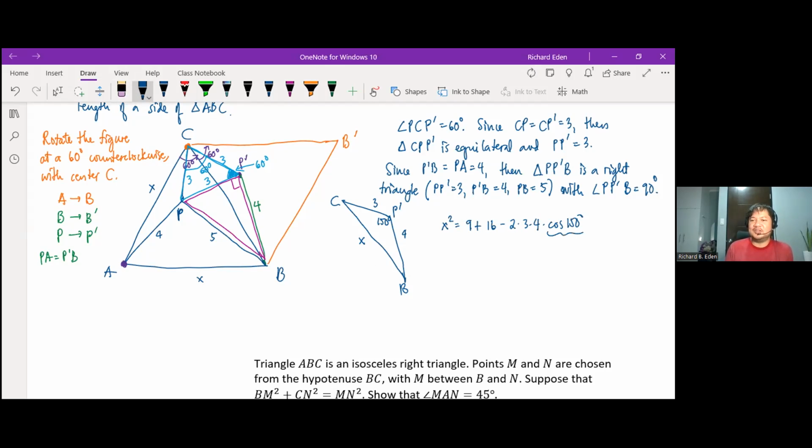So, what's the cosine of 150 degrees? Is it positive or negative? Cosine 150 is cosine of 180 minus 30. What is cosine 30?